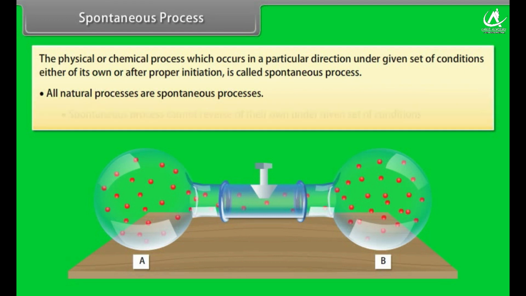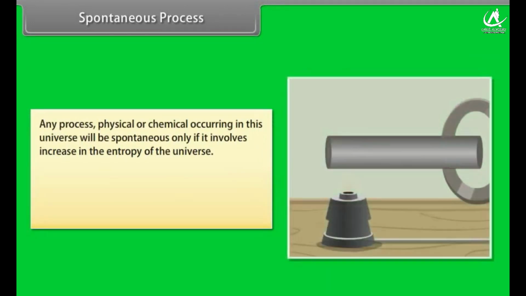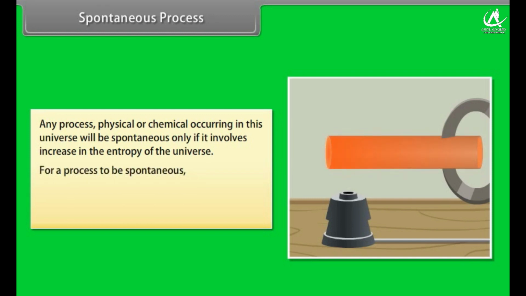A spontaneous process cannot reverse of its own under a given set of conditions. Any process, physical or chemical, occurring in this universe will be spontaneous only if it involves an increase in the entropy of the universe. For a process to be spontaneous, delta S universe must be greater than 0. If delta S total is equal to 0, then it implies an equilibrium state.